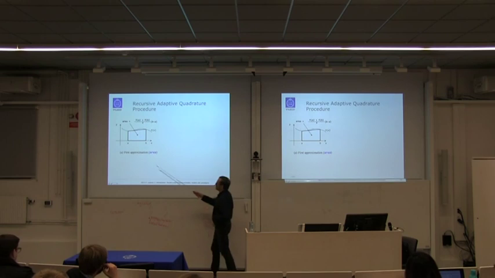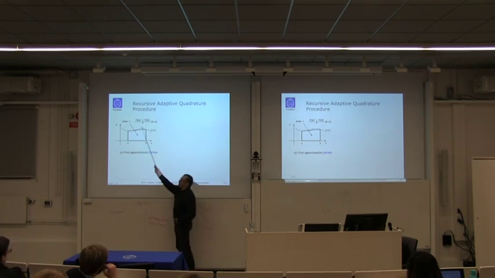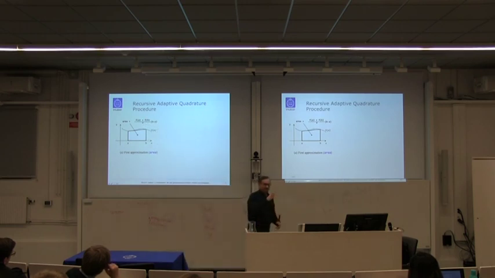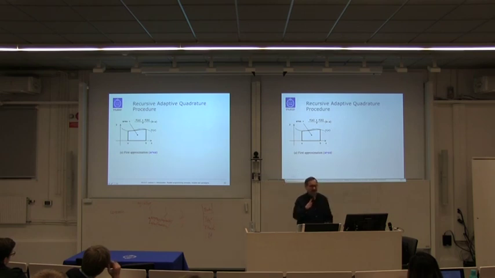So the first approximation is just this area, from A to B, f of A, f of B. According to geometry, the trapezoid area is f of A plus f of B, divided by 2, multiplied by B minus A. If anyone remembers from school how to compute it. That's the first.